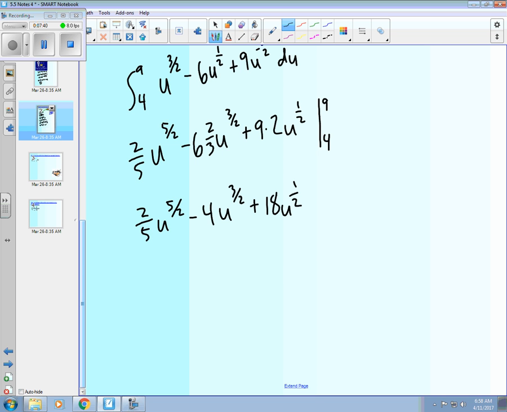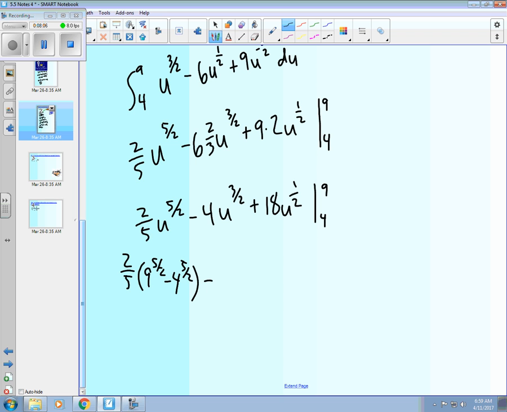When substituting in here, you could think of all these, if you wanted, as separate ones that you're evaluating. So for example, you could just evaluate this one at 9 and 4. What are you going to get when you plug in 9, minus what do you get when you plug in 4?